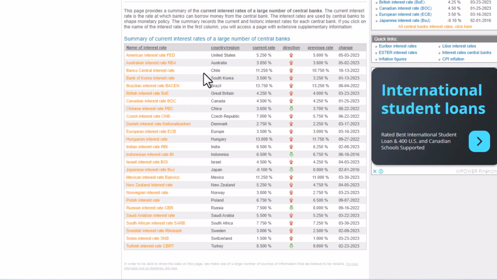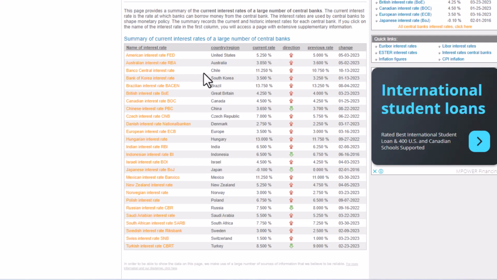You need to compare the weakest currency against the strongest currency. You look at this table, find the highest interest rate, and write that down, and then find a currency with the lowest interest rate. Once you compare that, you immediately know the long-term trend direction. Hope you get an idea of what I'm teaching you.